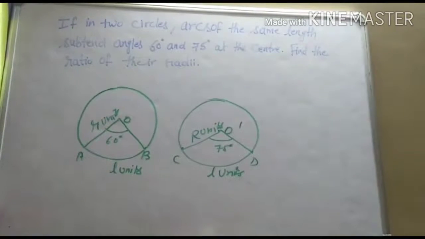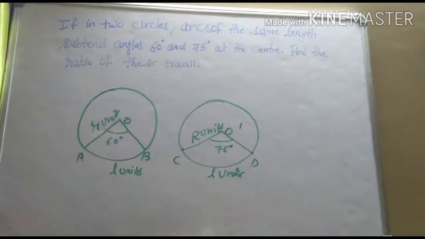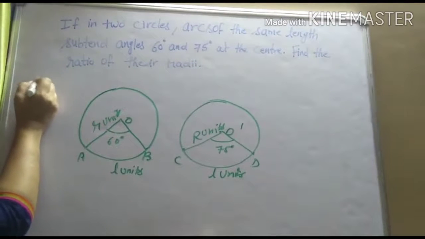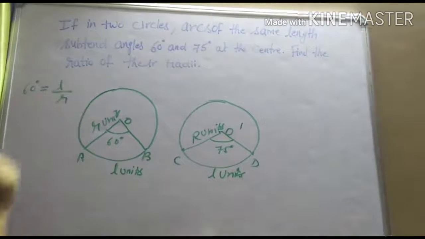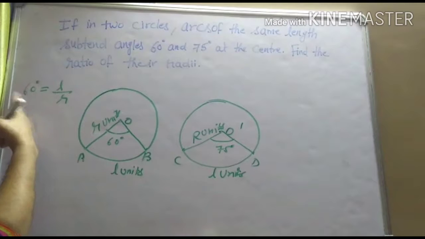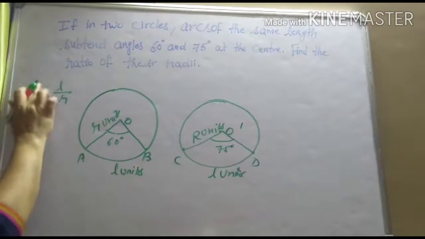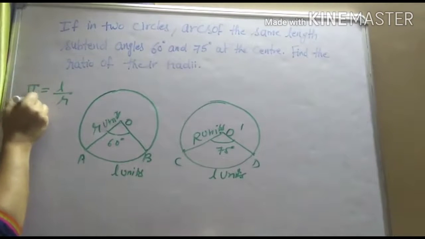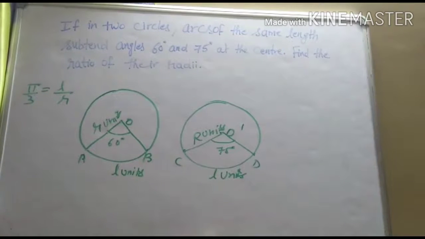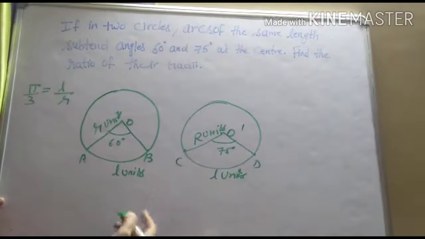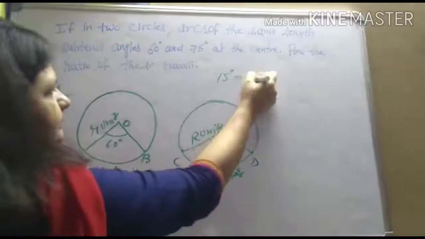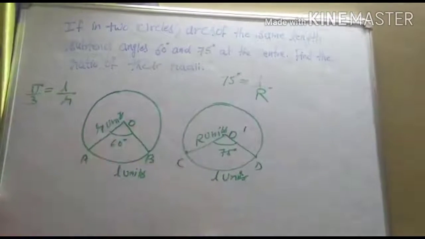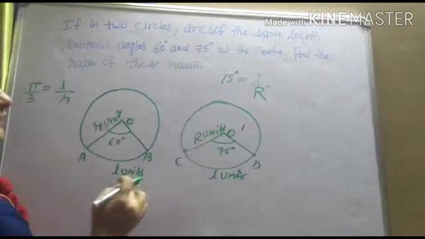Now we know that theta is equal to L by R. So we can write 60 degrees is equal to L by r. But in this formula, theta should be in radians. So we can write it as pi by 3. So pi by 3 is equal to L by r. Similarly, in this circle, theta is equal to L by capital R. Again, theta should be in radians.